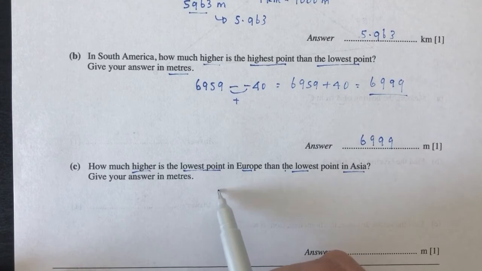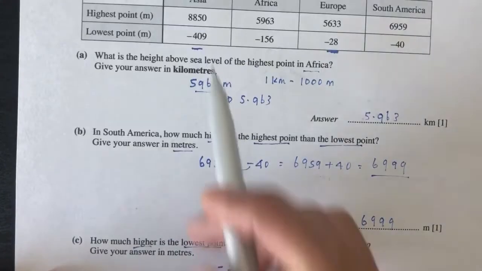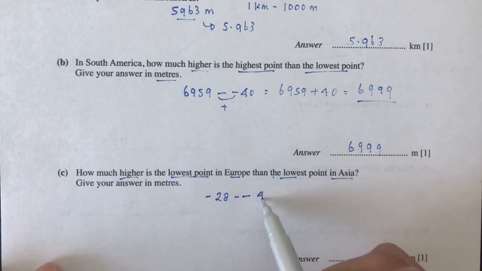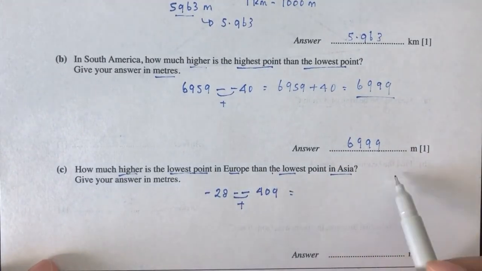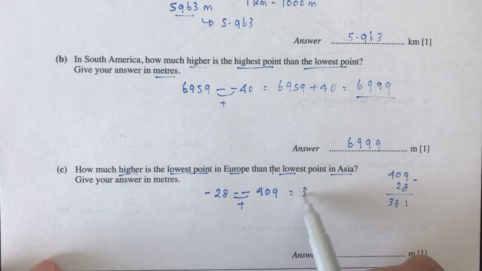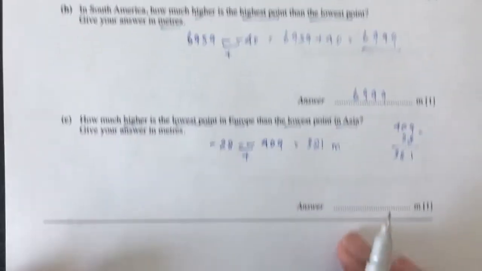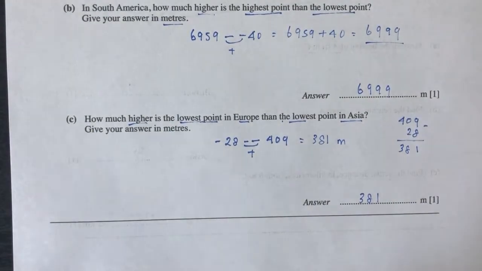We have to do minus 28 minus minus 409. So minus becomes plus. So 409 minus 28, we have 381 meters. Part C is 381 meters. And that is question number 17.